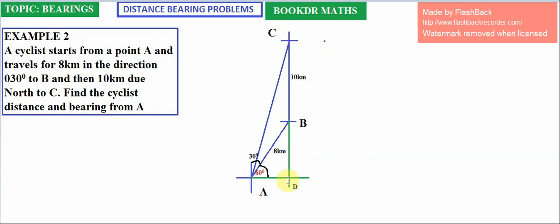So the whole shape here now becomes a right angle triangle. Now what we are left with is to find the distance AC. In order to find the distance AC, we are going to use Pythagoras theorem.